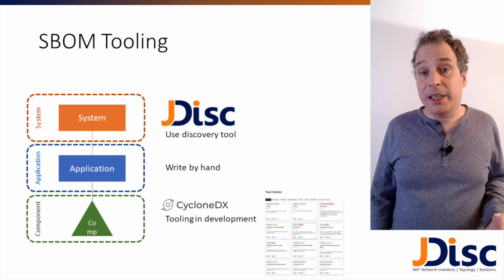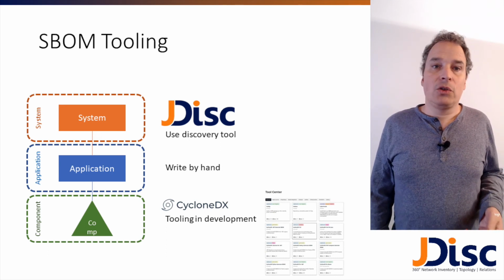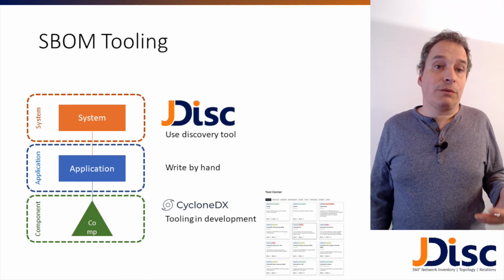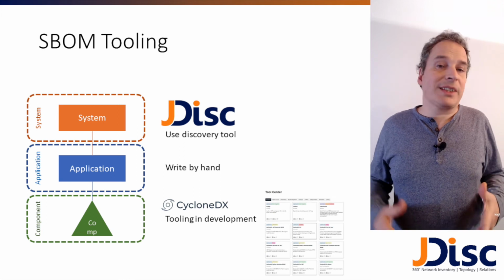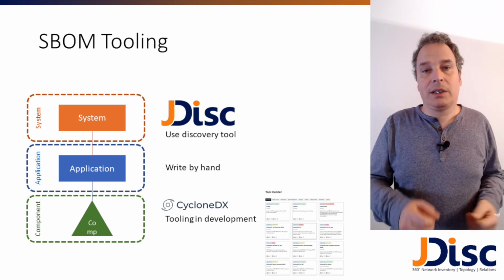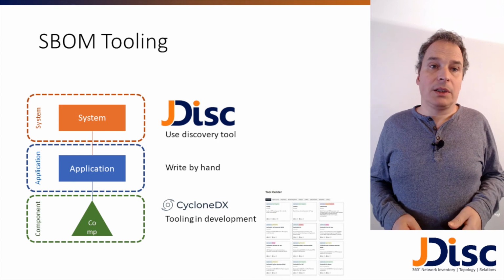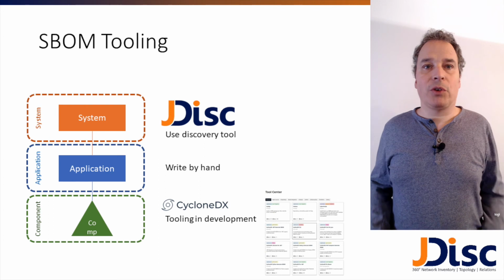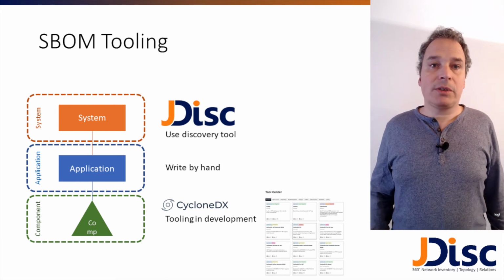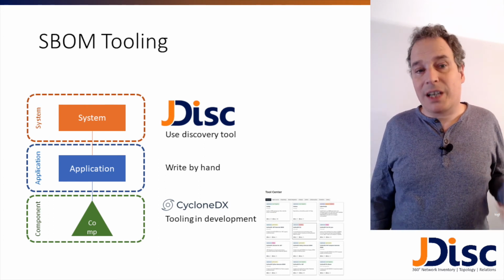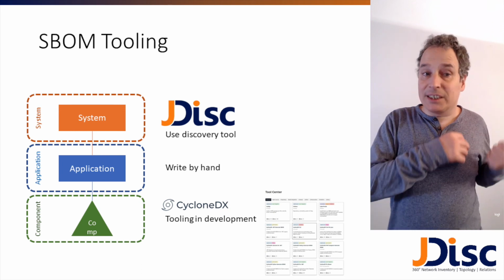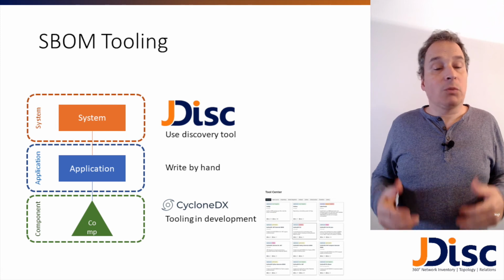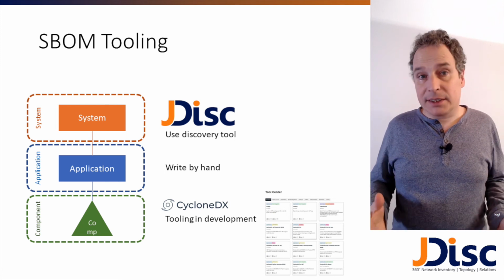On the CycloneDX Tool Center, you find a lot of command line tools and libraries for all programming languages that allow you to scan, for example, a project tree in the file system, which generates an SBOM in JSON or XML format. On top of that, for the system, you will usually use a discovery tool that accesses the operating system specific package managers under the hood. And one tool, of course, that can do that is JDisc Discovery.